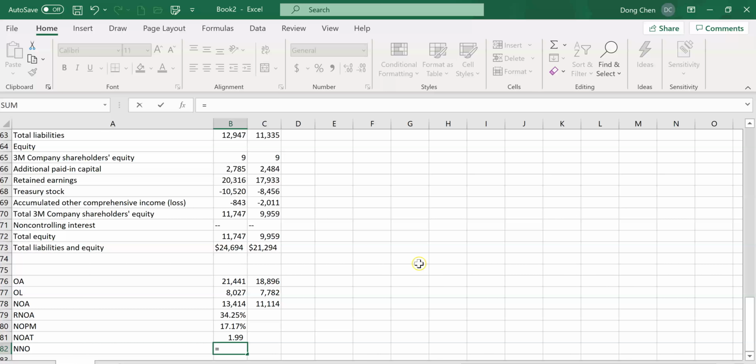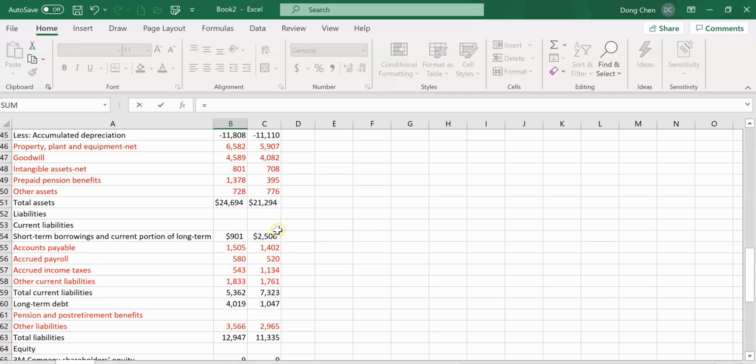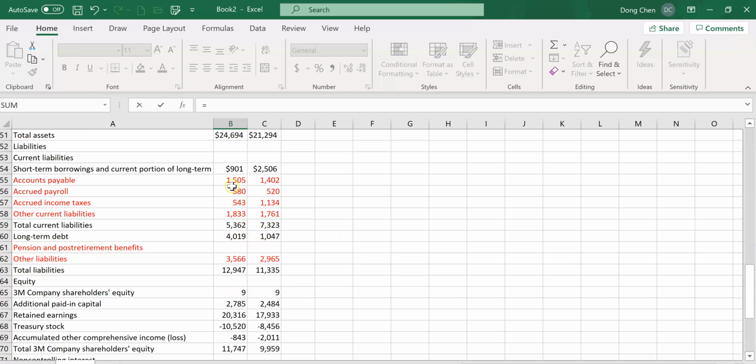So non-operating liabilities are basically the sum of all the items on the liability side of the balance sheet which are not marked in red. So we start from these short-term borrowings, and then we also have this long-term debt. So basically these 2 items are all the non-operating liabilities.